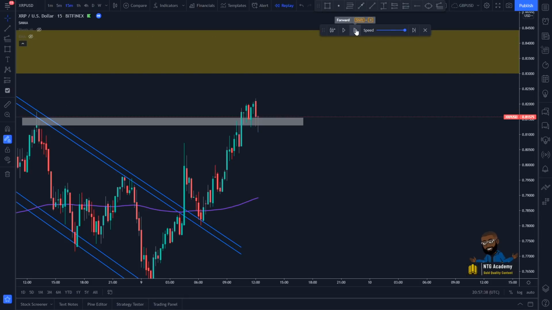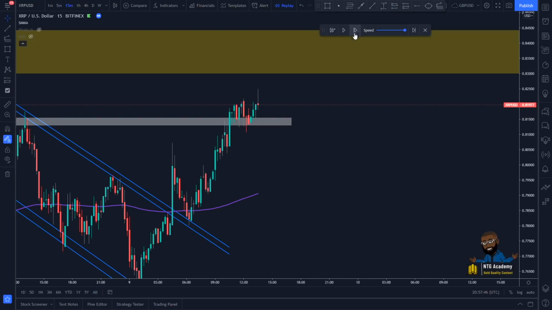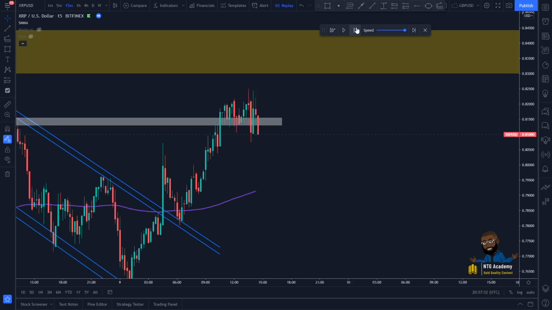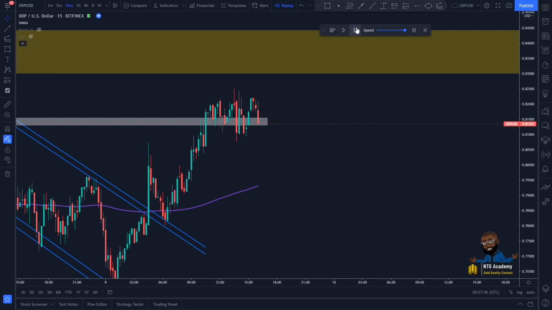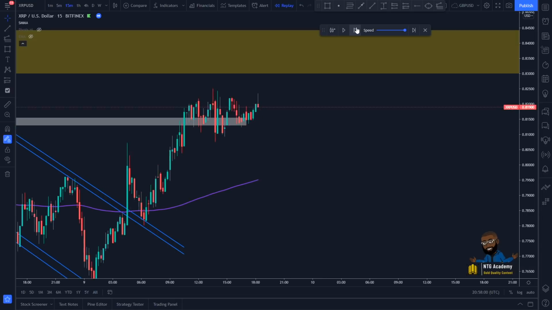So I successfully grew the account back up to 200. And now I'm waiting for it to go back into the retest, retesting the support area here. And this is where I'm starting to scale in, and I'm letting the account grow. I see this consolidation and I get out right at the top.